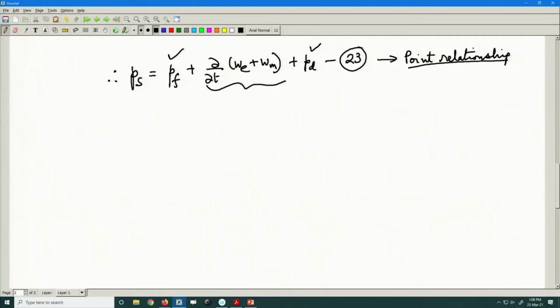Now, we will integrate over the whole region, for the entire region of space under consideration.